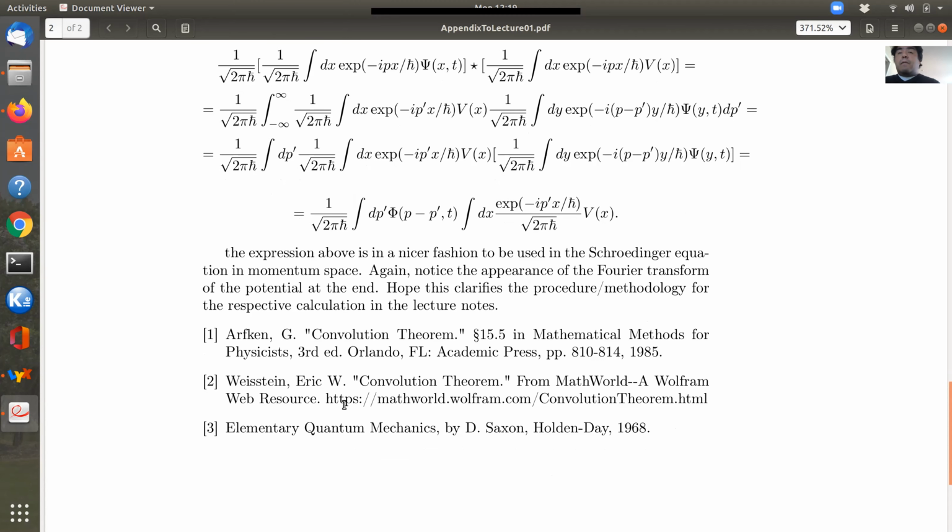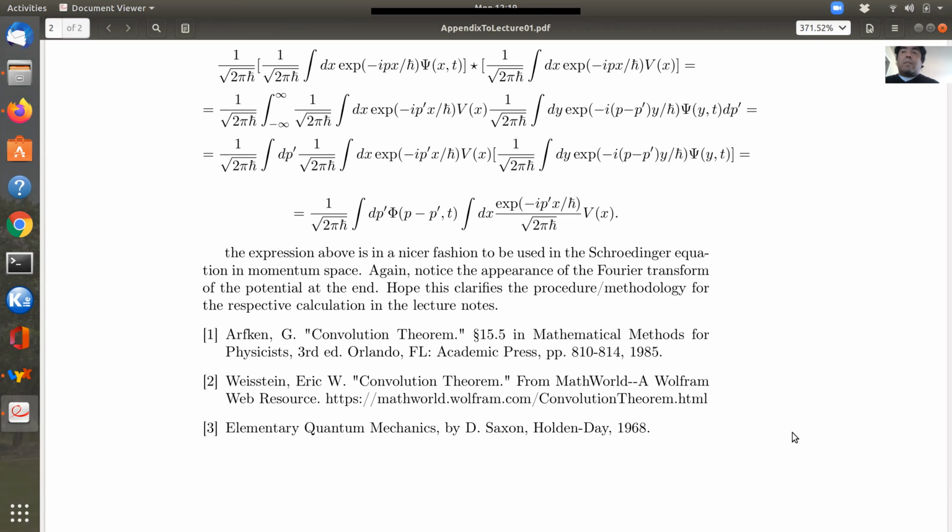Also, an online resource if you want to see in a more graphical fashion the convolution theorem and its consequences is Math World, the Wolfram web resource. And the third reference is basically the book in quantum mechanics, where the Schrodinger equation in the momentum representation is explained in more detail.